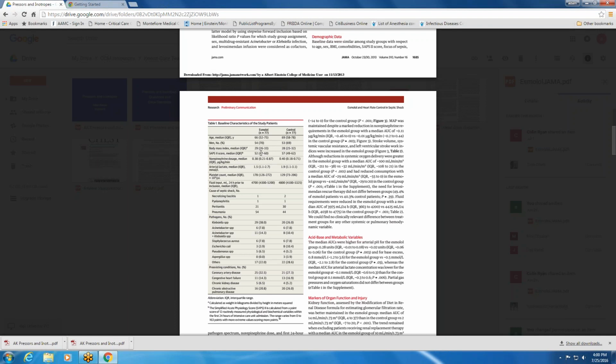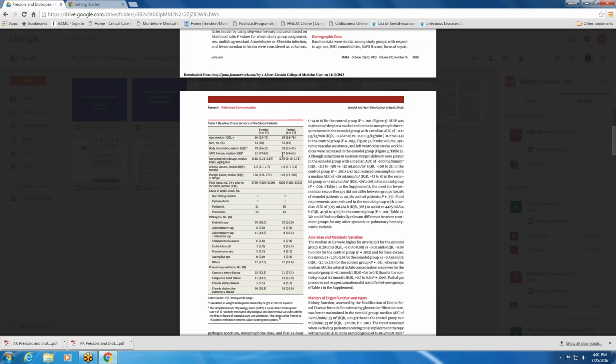They had SAPS-2 scores, which we don't use as much. Interestingly, if you look up SAPS-2 scores and what the predicted mortality is at each of these scores, for a SAPS-2 score of 52, the predicted mortality is 50%. The esmolol group had a mortality of 50%. So maybe it wasn't the esmolol, maybe that was just the mortality they should have had.